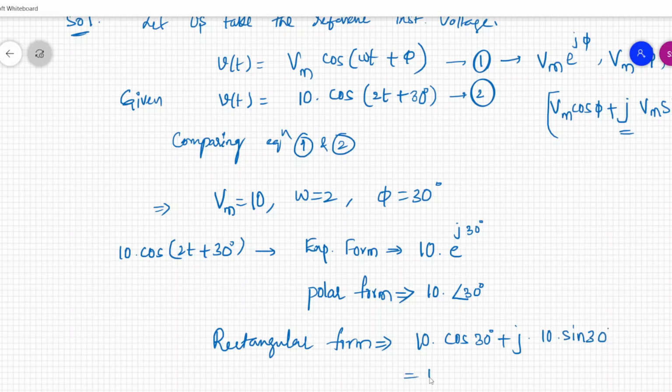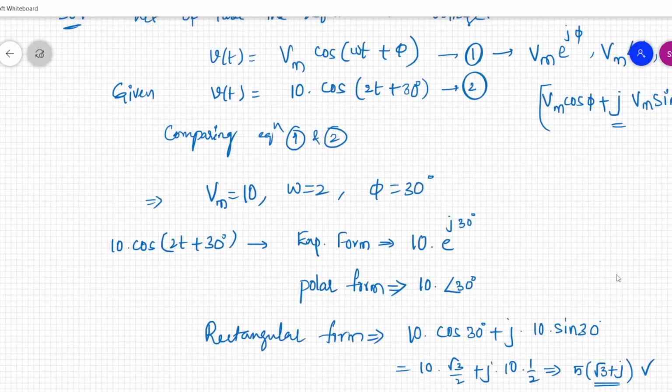Cos 30 is root 3 by 2, and sin 30 is 1 by 2. So the voltage in rectangular form will be 5 root 3 plus j5 volts. This is how you can write different phasor forms. I will give you one example for your assignment so that you can understand it.